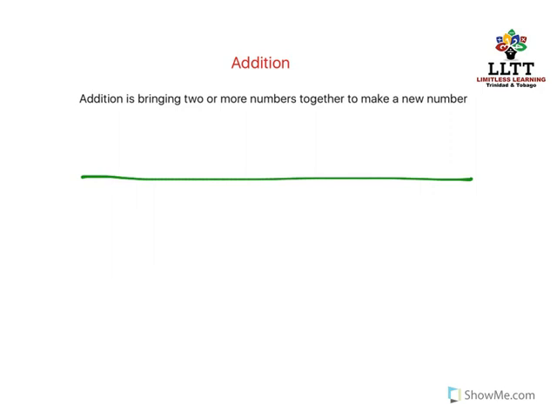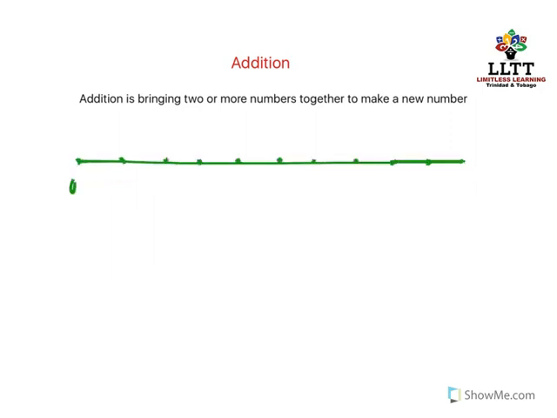My number line is going to go from numbers 0 to 10: 0, 1, 2, 3, 4, 5, 6, 7, 8, 9, and 10. So this is my number line, showing digits from 0 to 10.